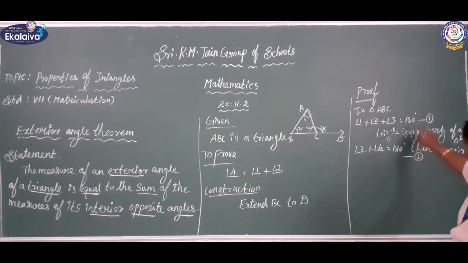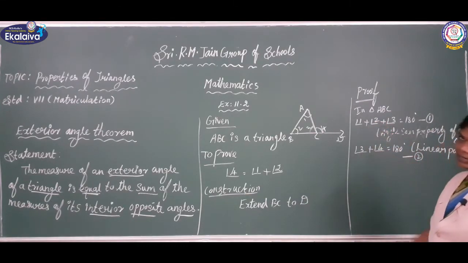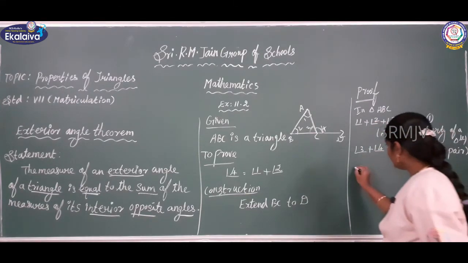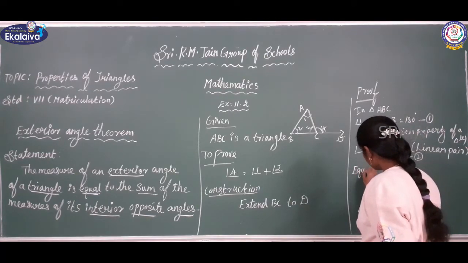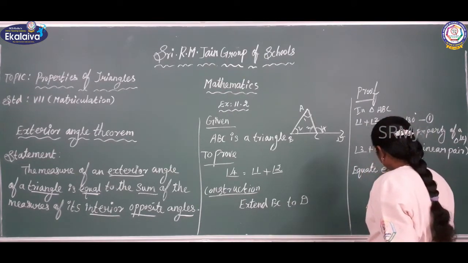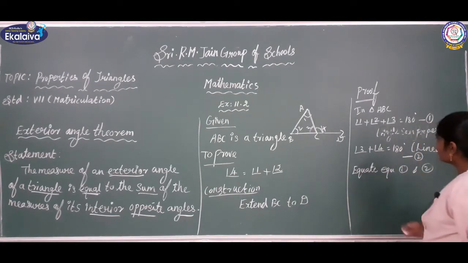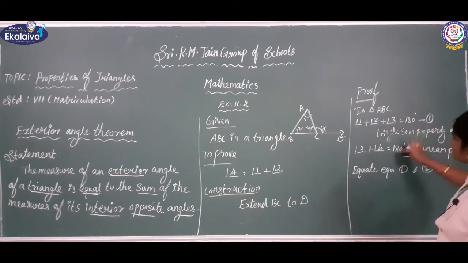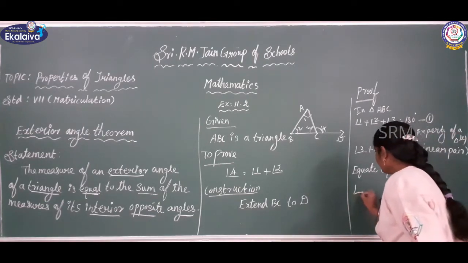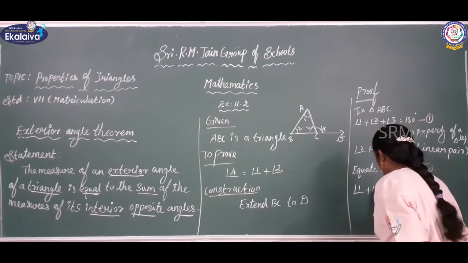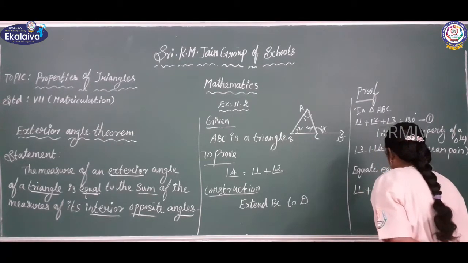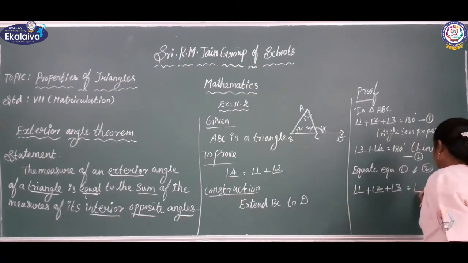Okay, see here 180 degrees, 180 degrees. So I am going to equate the left hand sides. Equate equation 1 and 2. When we equate this, the 180 and 180 cancel. So what is remaining here? Angle 1 plus 2 plus 3 equal to angle 3 plus angle 4.